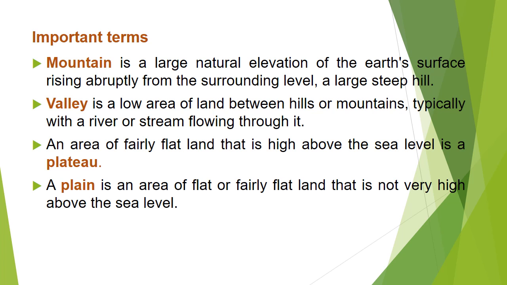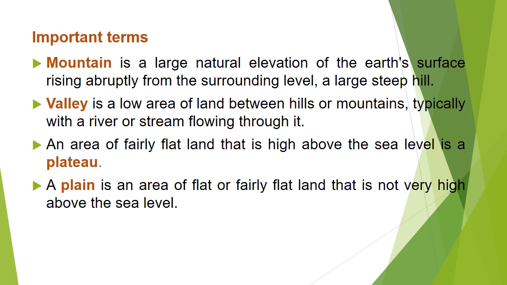A valley is a low-lying area of land between two mountains, typically with a river or stream flowing through it. A plateau is an area of fairly flat land that is high above the sea level, and a plain is an area of flat or fairly flat land that is not very high above the sea level.